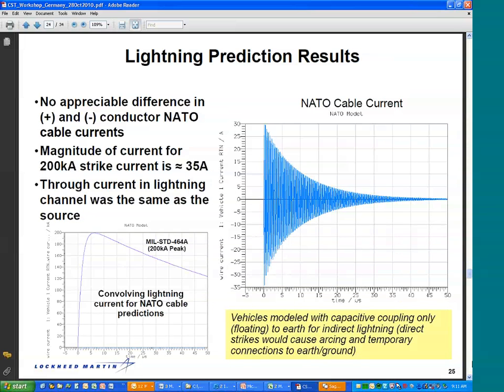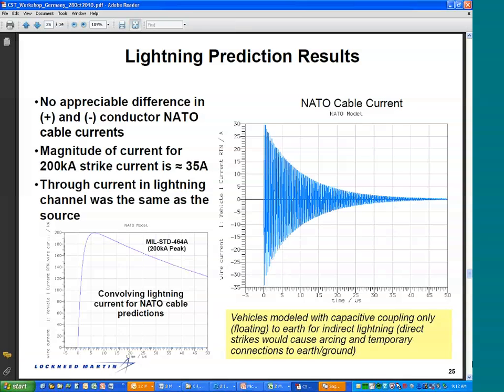From this model, by having an effective way to model the indirect lightning and controlling your wave impedances, you're actually looking at the current flowing in with the MIL-STD-464 200,000 amp lightning current. You are able to see in the lower left corner the threat, and on the right-hand side, how that threat is coupling into the cable.